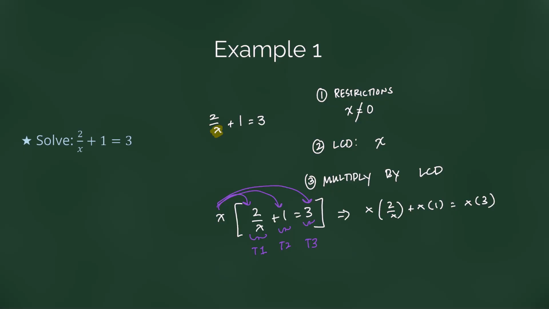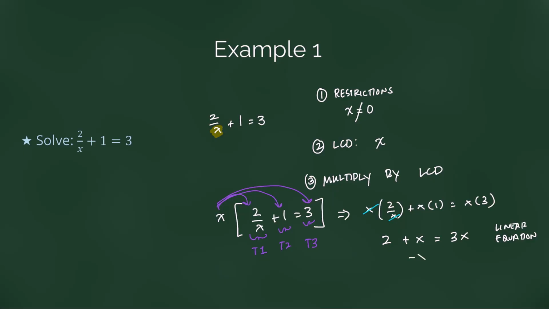Notice, just like for linear equations, when we multiply by our LCD, the denominators cancel. So now we have the expression 2 plus x is equal to 3x. This is now a linear equation. We use our technique of isolating the variable by using opposite or inverse operations in order to solve the resulting linear equation.